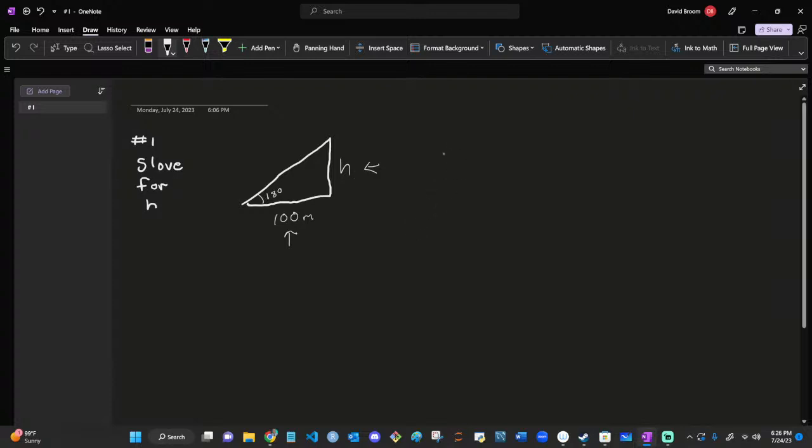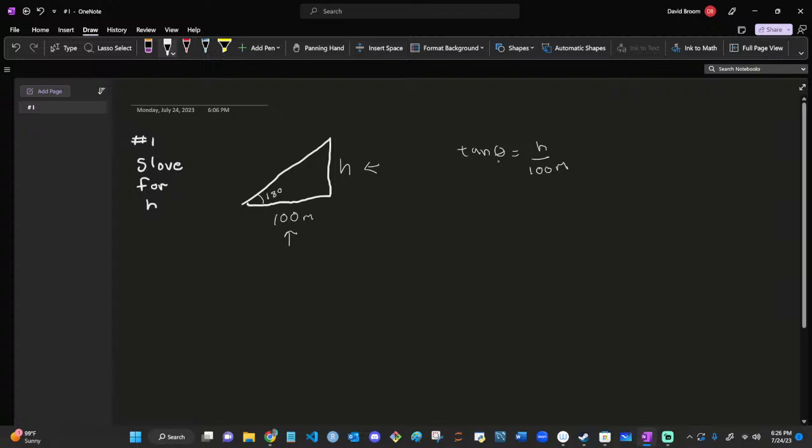So tan of theta is the... actually, let's not use tan. Let's use tangent. Tangent is the opposite, which is h over the adjacent.